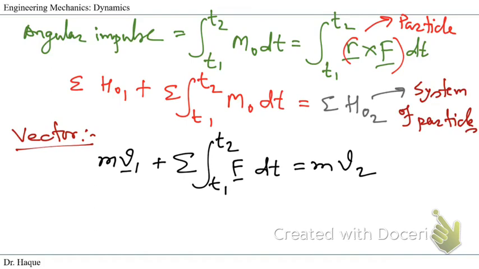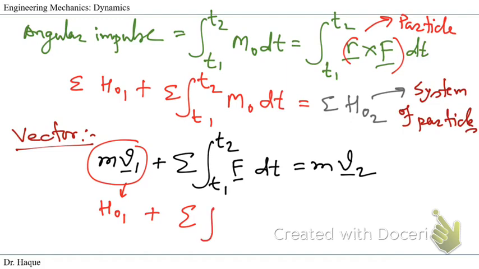This was the first equation that we derived. This velocity is a vector, this velocity is also a vector, so this is vector form. And in this chapter we just derived angular momentum. So instead of a linear momentum, now we have an angular momentum. This is the second equation. They are not related, but this can be applied in a single problem.